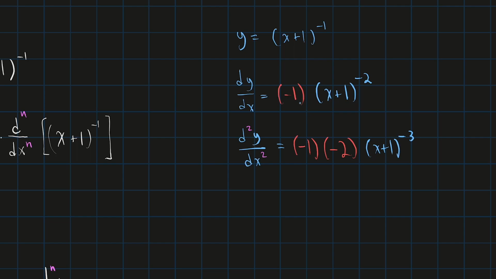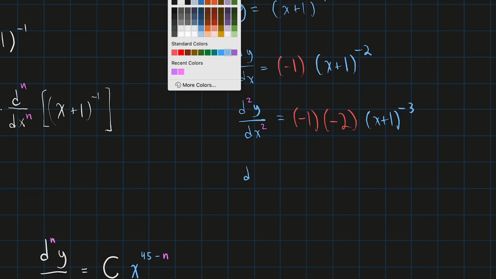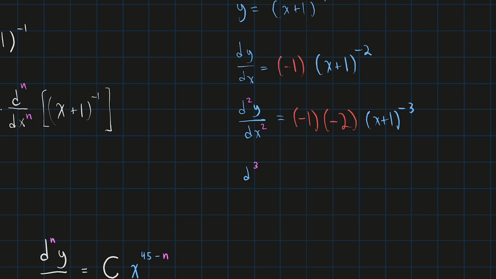One thing I want you to notice is that when n is equal to 1, our constant out here is negative. But when n is equal to 2, our constant is negative times negative, which is positive. So the constant switches between positive and negative. We'll have to account for that in our nth derivative rule.